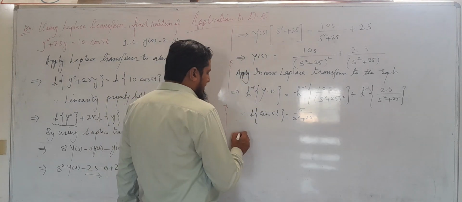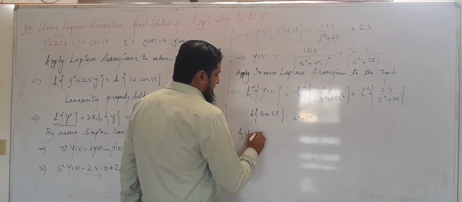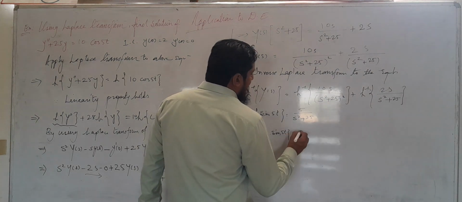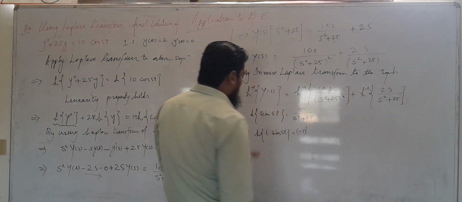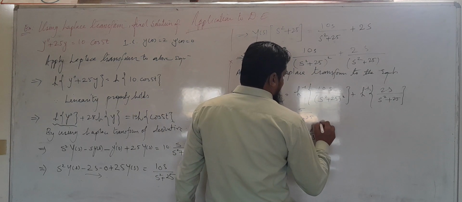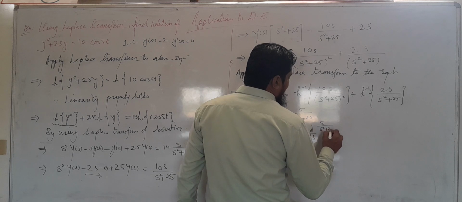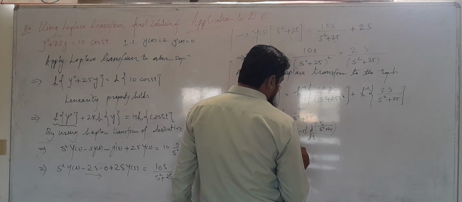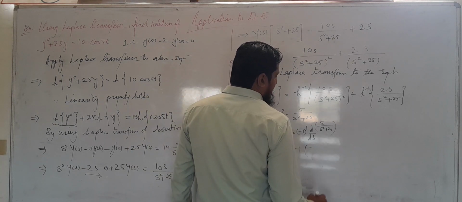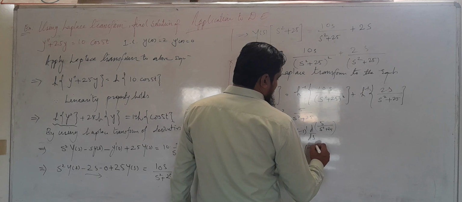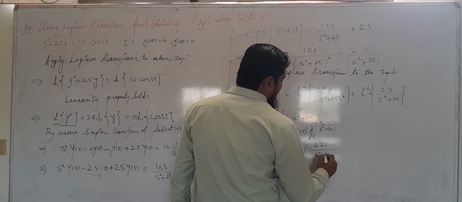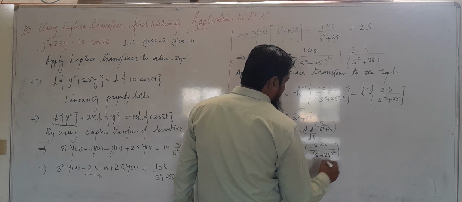And if we apply Laplace transform to t sin 5t, then we will get minus 1 raised to power 1, d by ds of 5 upon s square plus 25, and it will give us minus 1 into minus 5 into 2s upon s square plus 25 whole square.